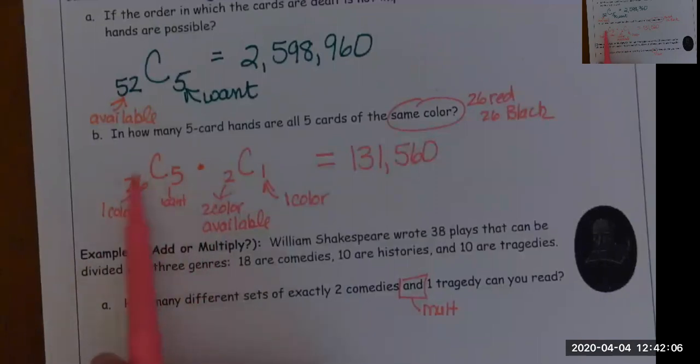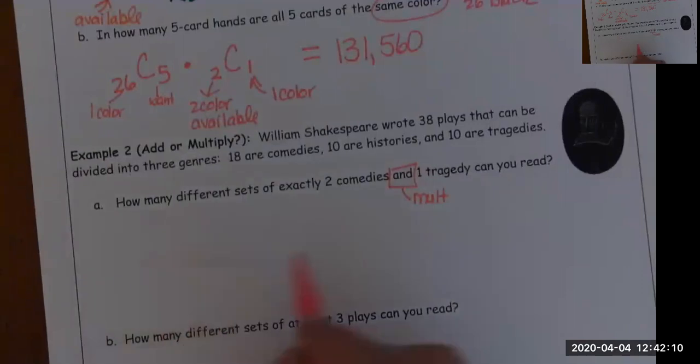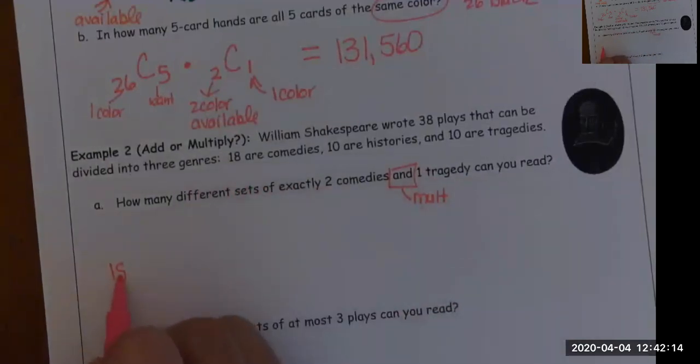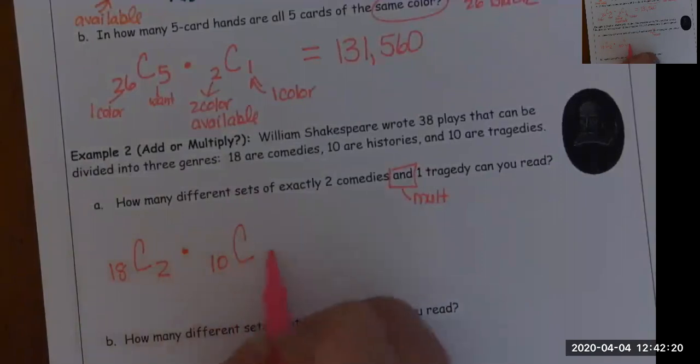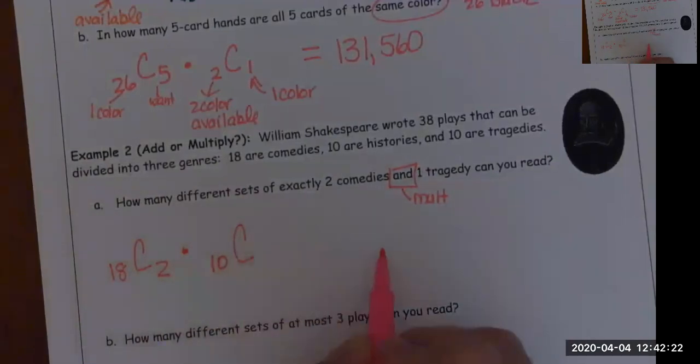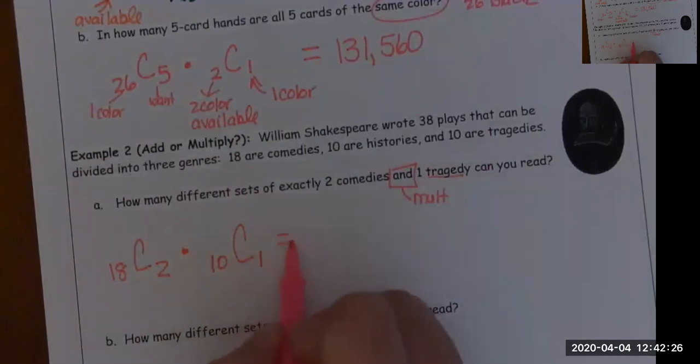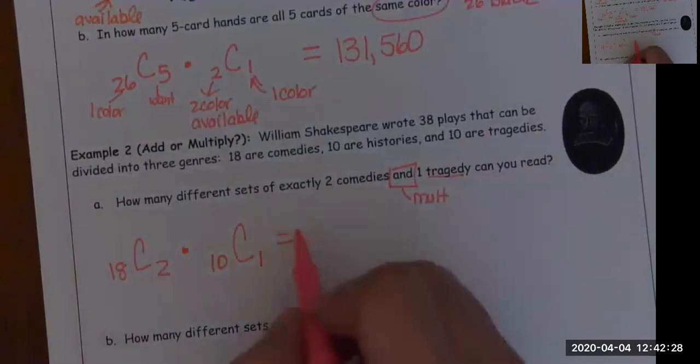So this is going to be 2 comedies. So there's 18 comedies and I want 2, times 10 tragedies. I want tragedies. And there is 1. And so pause it for a second, type that in, then bring me back.